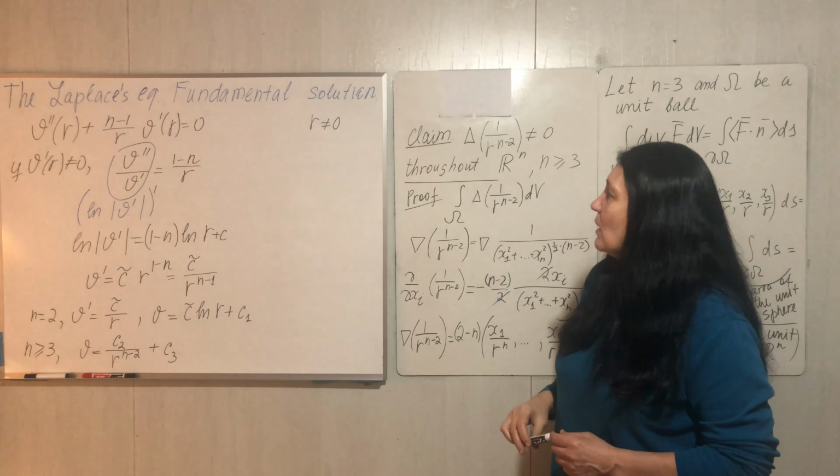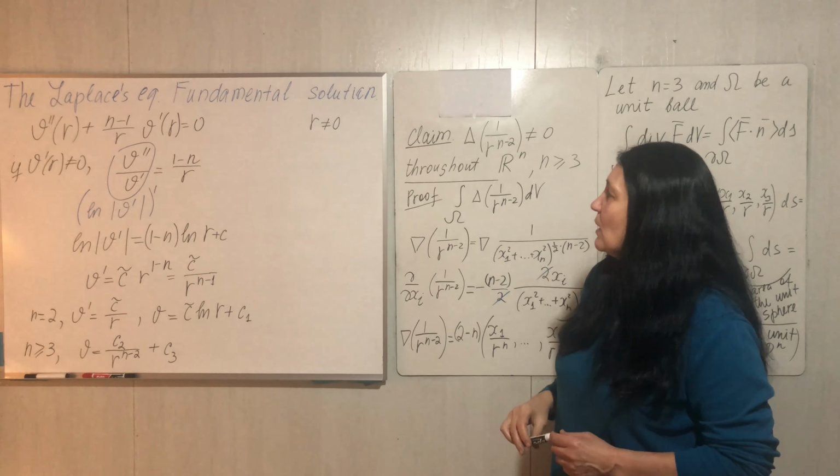To compute the Laplacian, let's first compute the gradient of this expression if I replace r with the square root of x1 squared plus x2 squared plus up to xn squared. Then we just compute the derivative with respect to each xi of this expression.